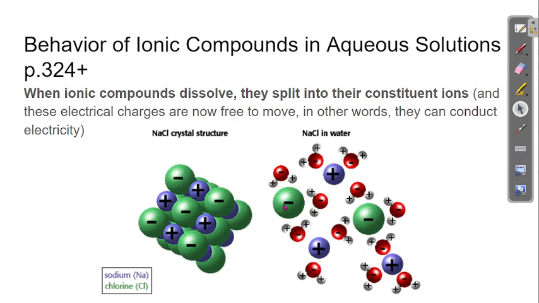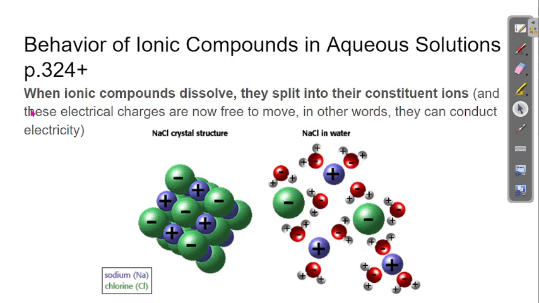If you are the chloride ion, which means that you are negatively charged, look what part of the water molecule is facing that chloride. Those are the hydrogens. That's the positive side of the molecule, because opposite charges attract one another.